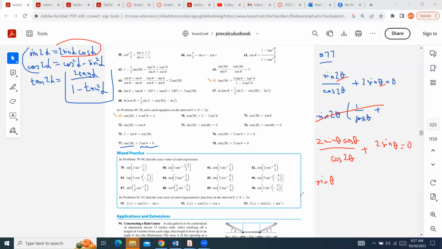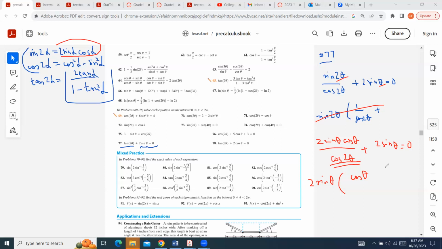Well, you can also take out 2. Okay, I can do that. Now we ended up with a cosine theta. And now the question is, what should I do with the denominator? Because it's also going to be a double angle, right?